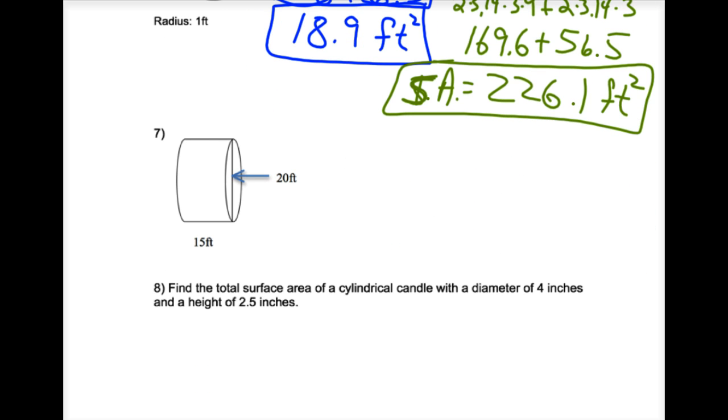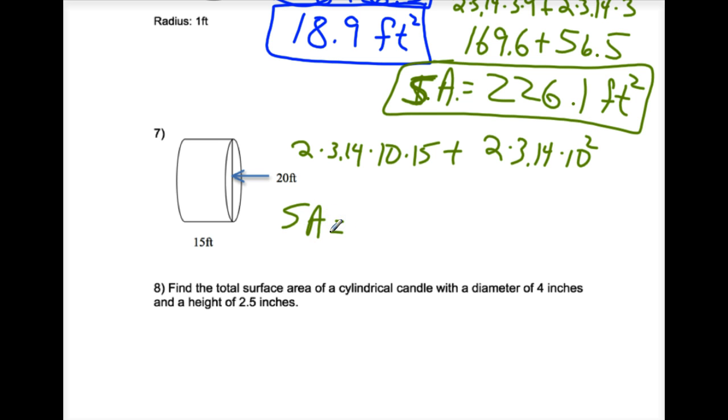Anybody try that number 7 yet? What'd you get, Meg, for the final answer? I got 1,004.8 feet squared. That's not what I got. Alright then. Oh, I think I forgot to square 10. 3.2 times 3.14 times 10 times 15 plus 2 times 3.14 times 10 squared. Try typing that in. I think I forgot to square 10.